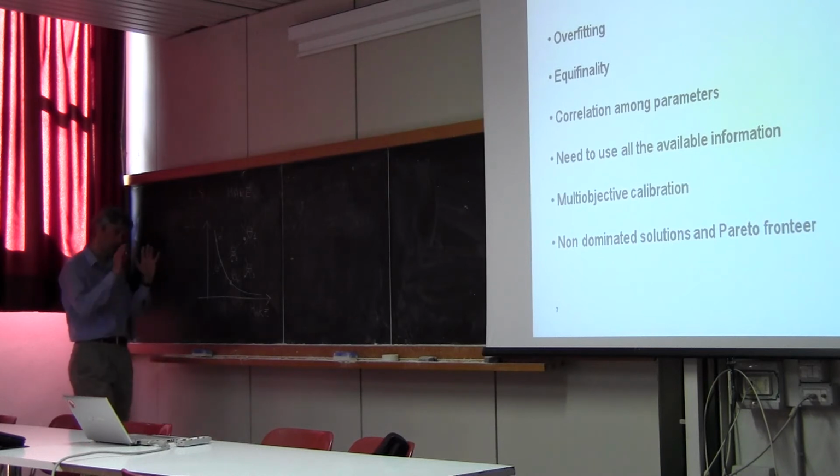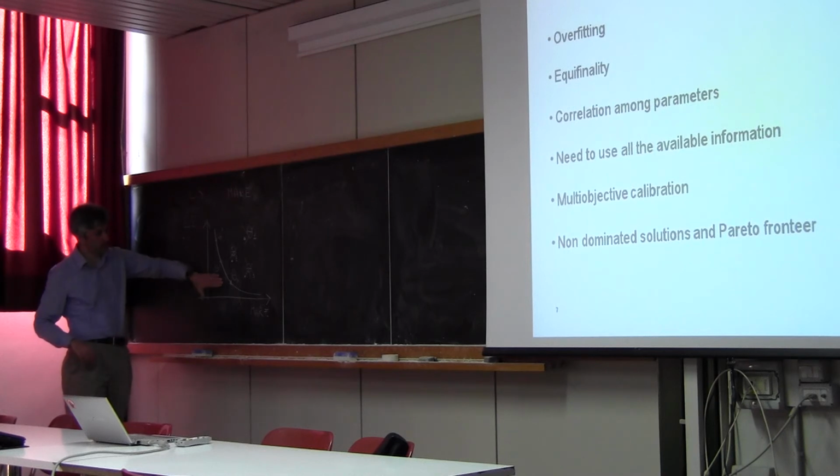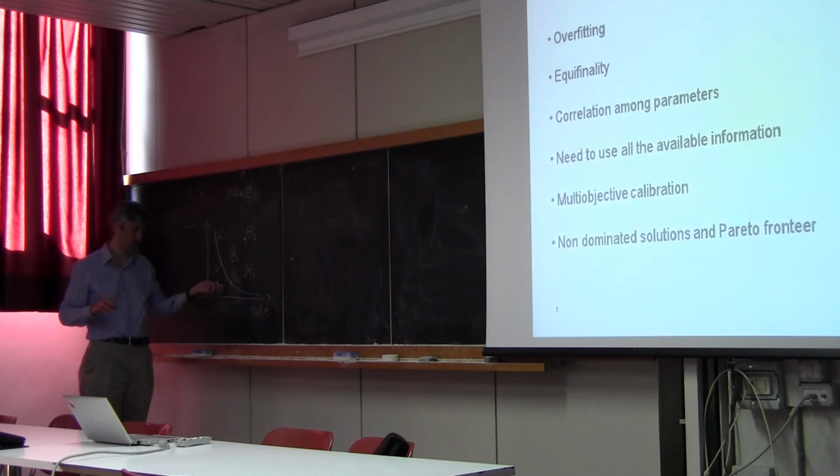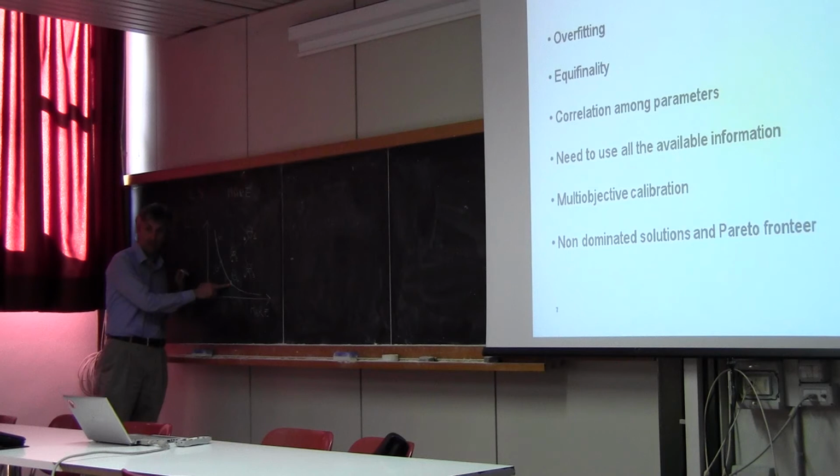Okay, or let's say it was not correct, sorry, I didn't translate correctly. Let's say that these solutions are non-dominated, meaning that you can't find a single value of the parameter vector that has both objective functions that are better than the considered one.